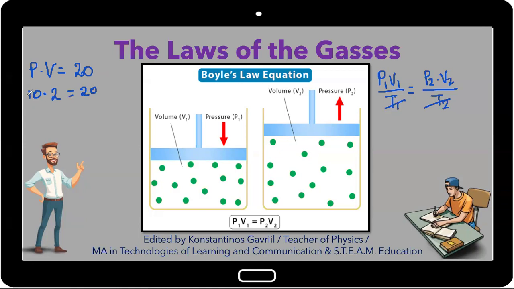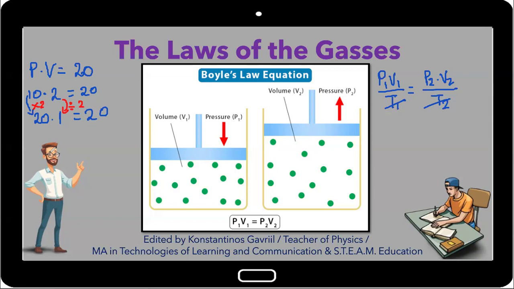If I increase the pressure and make it 20, I need to get 20 again as the result, so the volume will be decreased. And as you can see, when I multiply one quantity by 2, the other quantity is divided by 2. You see?